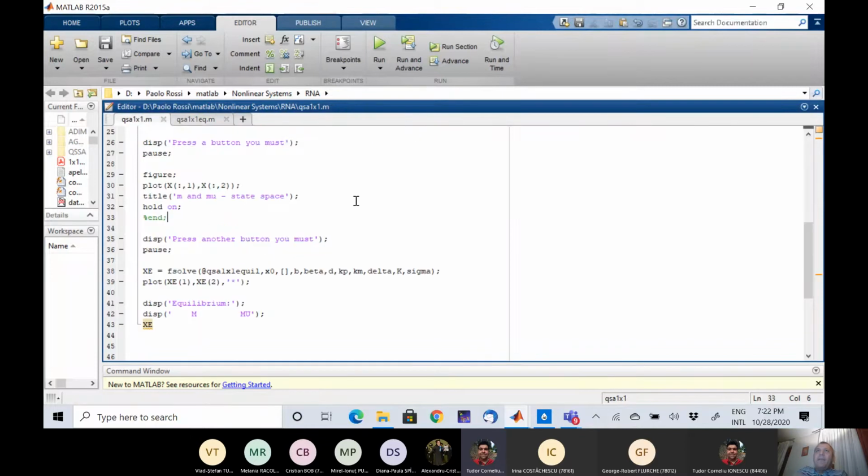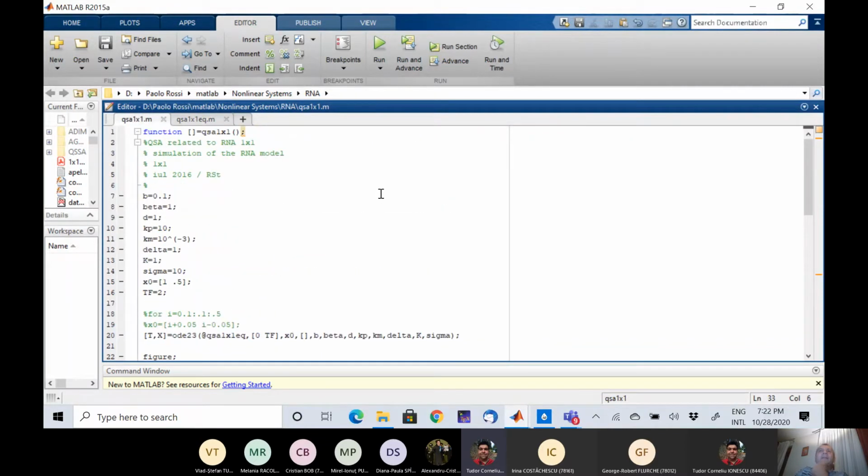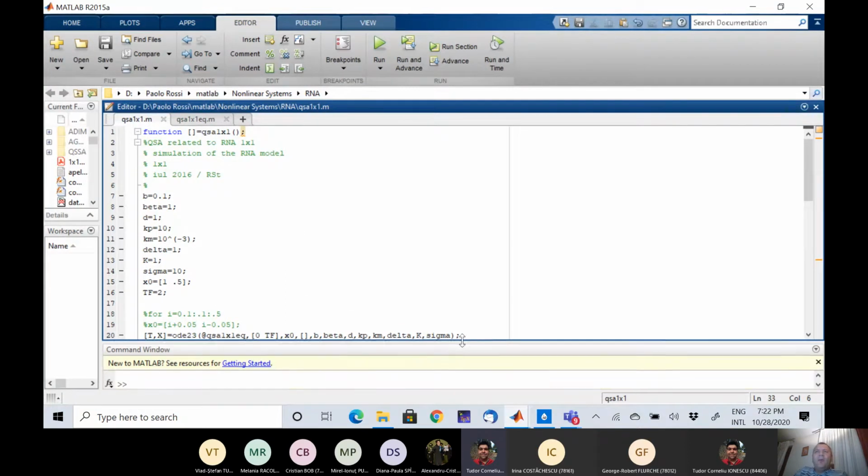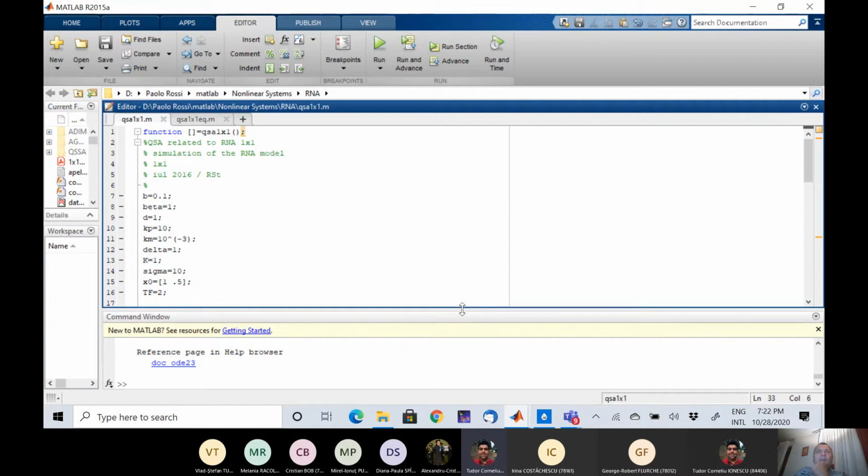Again, I will explain that later, based on another issue. Here I have created a void function, I mean, void output, no parameters. You can actually take all these instructions and place them in the command window of MATLAB, right?